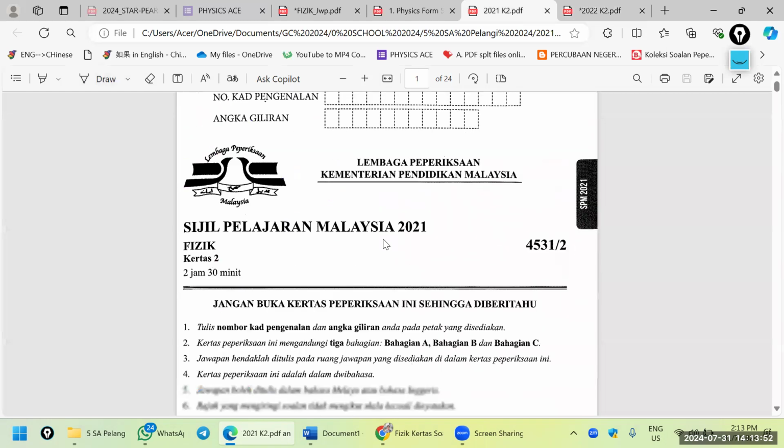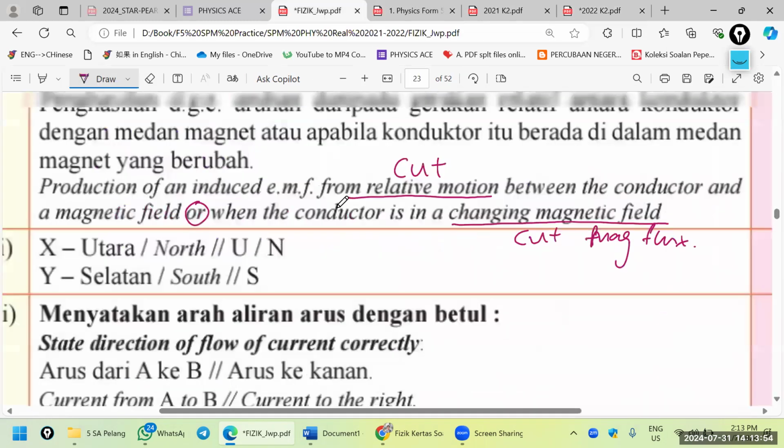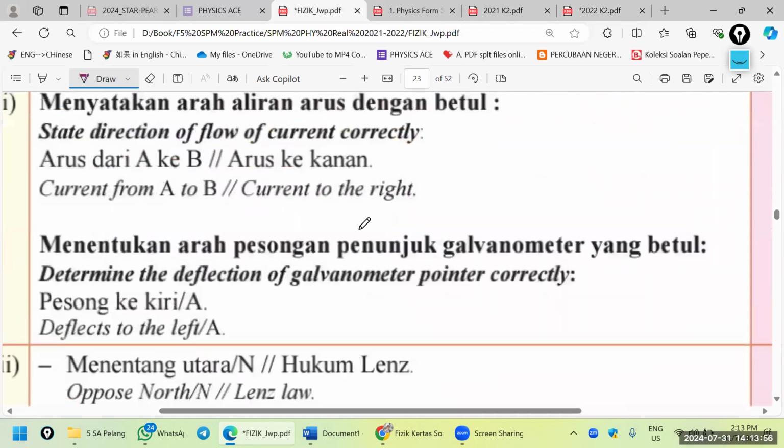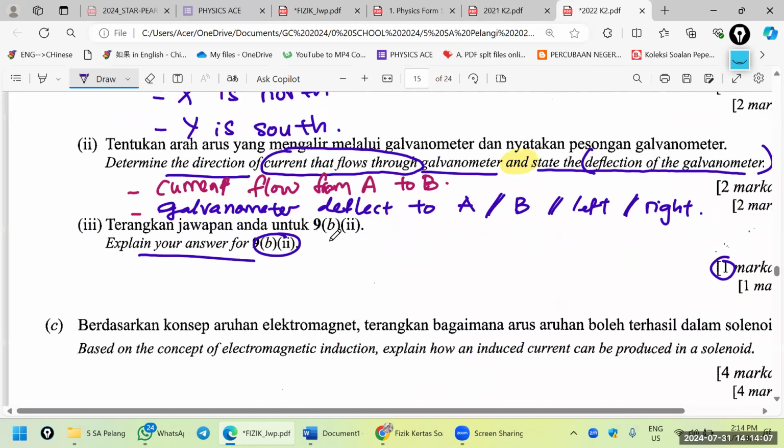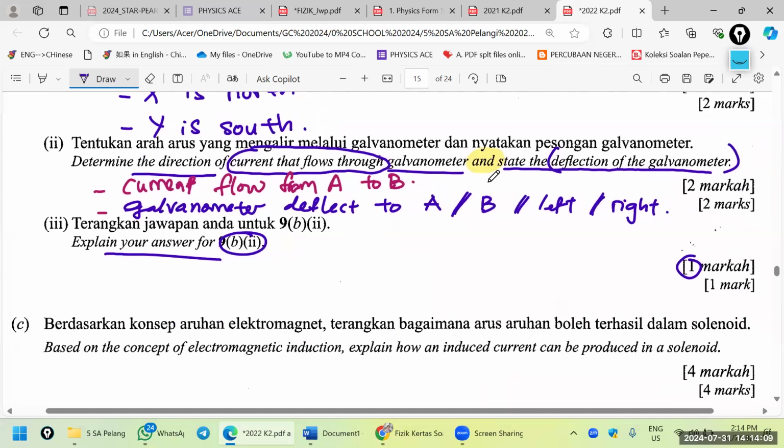So actually quite easy. Just say that there is current flows. Actually, explain what? Explain why there is deflection of galvanometer. You can explain a few, don't write one answer only, okay?